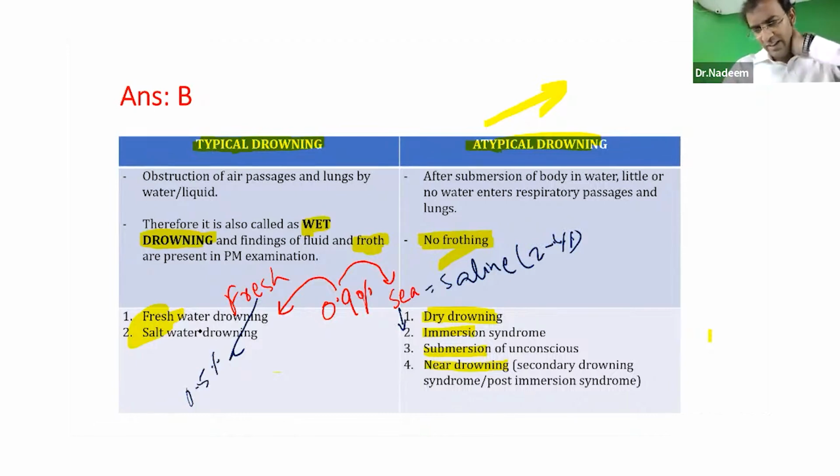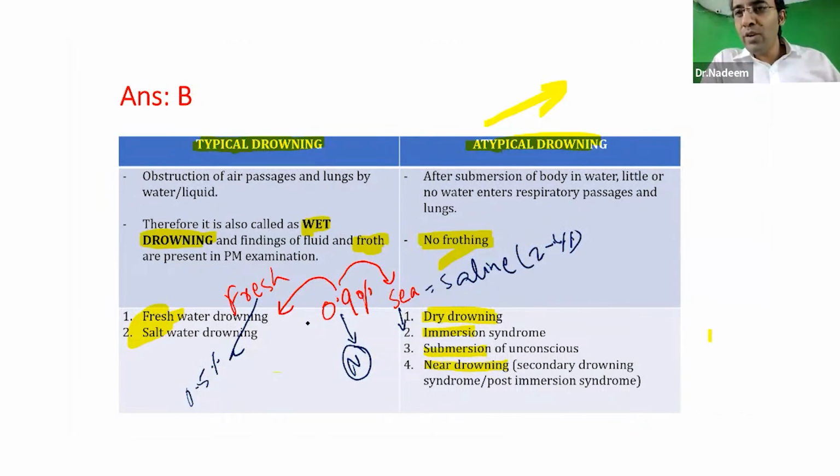Okay, no? Chalo, fine. So now, when I see fresh water and isotonic blood, this is the normal isotonic. Now you tell me, salt will flow from higher concentration to lower concentration. If the dead body was recovered from fresh water, what do you think?